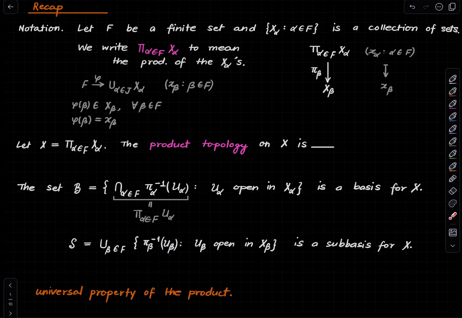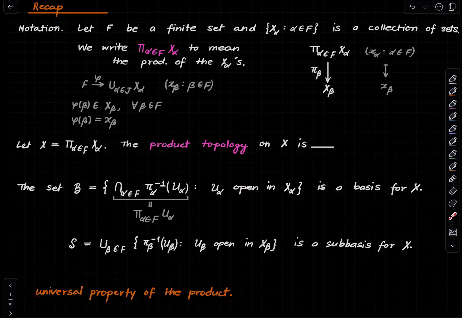For each beta, you collect all such things, right? Where U beta is an open subset in X beta. So you vary over all open subsets in X beta and take the pre-images of all of them under the betath projection, collect them in a set, and then take the union of all of them as beta varies over F. That is a subbasis for the topology on X. So we have that, and then we talked about the universal property.